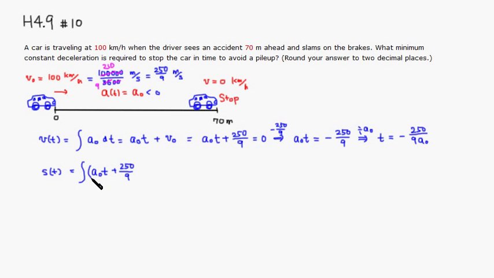You get a0 over 2 t squared, that's the antiderivative of a0 t, and the antiderivative of 250 over 9 is 250 over 9 t.